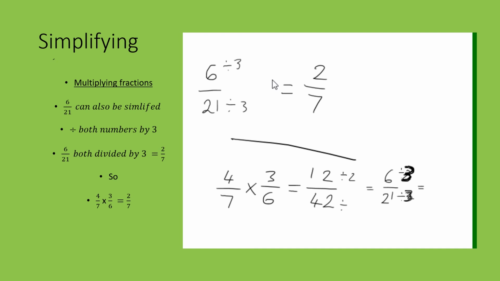Well, does it? Yes, it does. So 6 divided by 3 is 2. And 21 divided by 3 is 7. Okay, and you keep on doing this process until you get to the lowest form where you can't simplify any longer. All right, so this is how you do it. Press pause if you need to, rewind, watch again, so that you understand this completely.